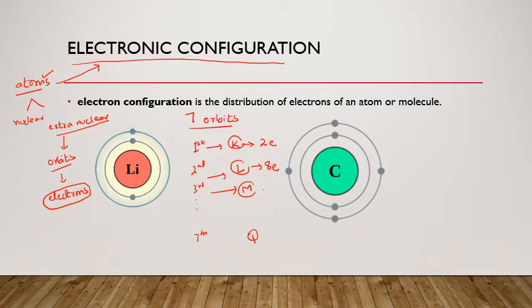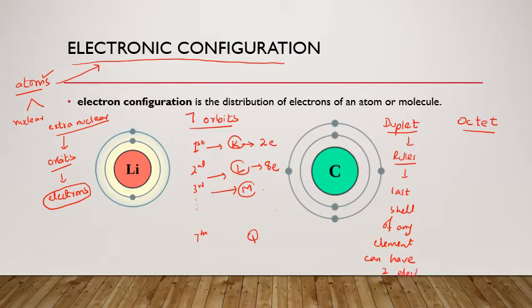So in 5070 chemistry, we would be focusing on electronic configuration based on two rules, that is the duplet rule or the octet rule. Now, what do these two rules mean? The duplet rule means that the last shell of any element can have two electrons. This is valid for hydrogen, lithium and helium.